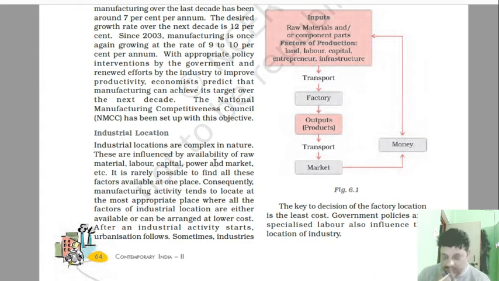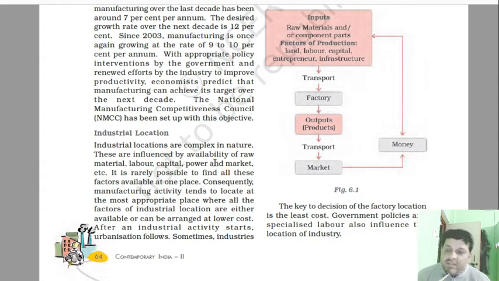But we came to know that the number of industries should be increased, diverse types of industries should be increased, and they also need to be established in remote and backward areas, because there has not been growth of industries in all states in India.